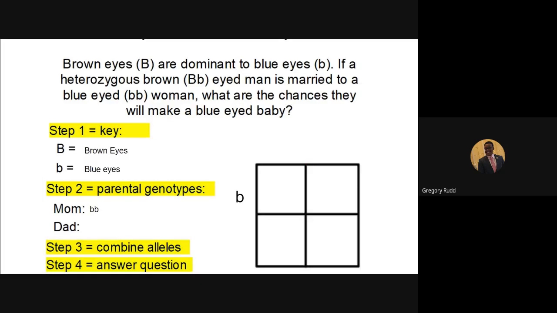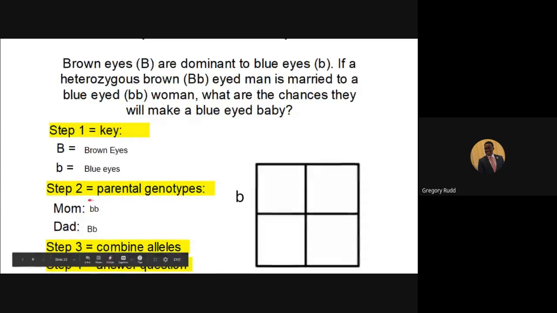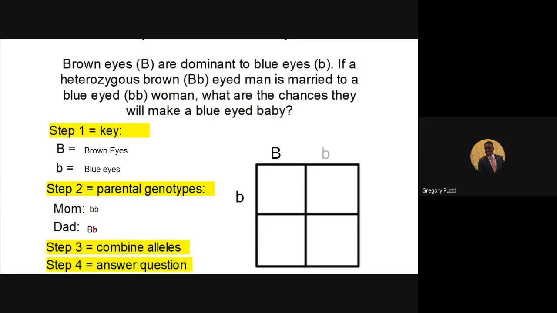Mom is homozygous recessive, lowercase b, lowercase b. Dad is heterozygous, capital B, lowercase b. So dad goes on top, capital B, lowercase b. Mom goes on the left, lowercase b, lowercase b.